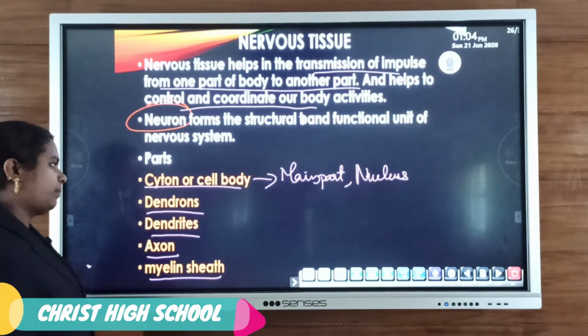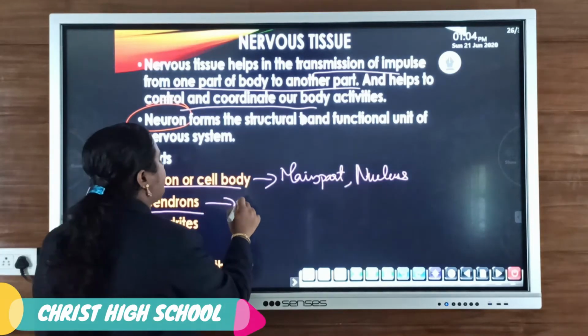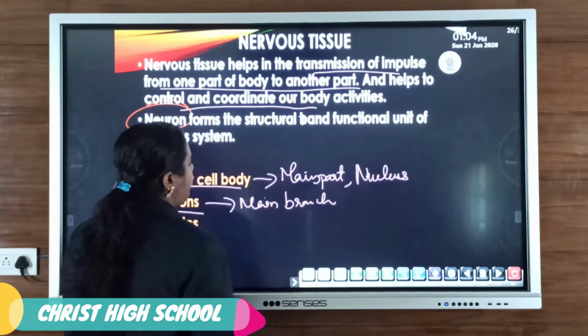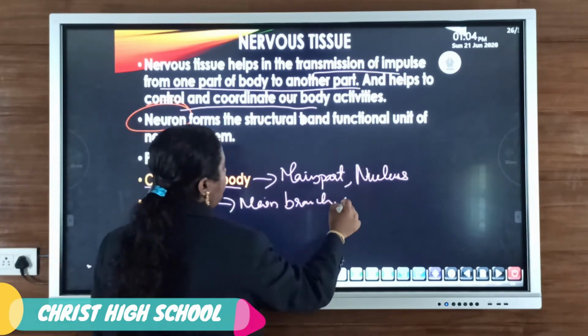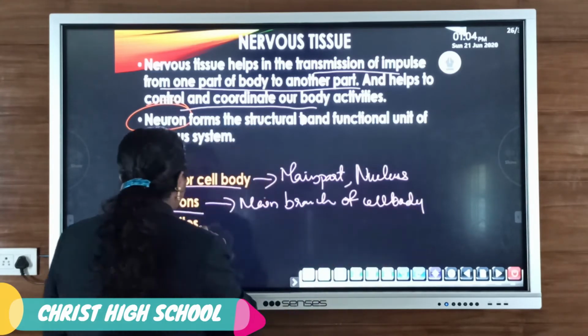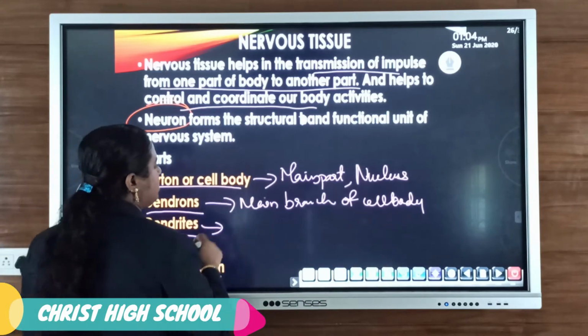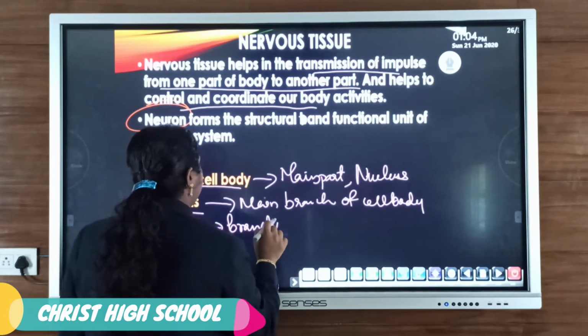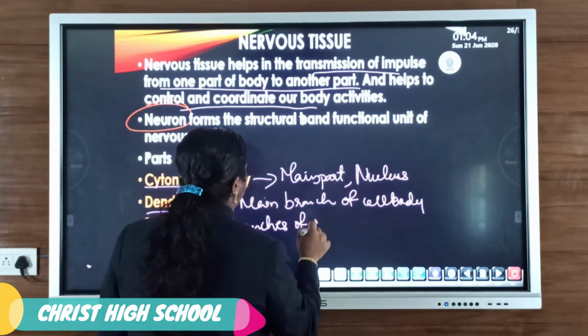Then dendrons are the main branch of the cell body, and dendrites are the further fine branching of the dendron.